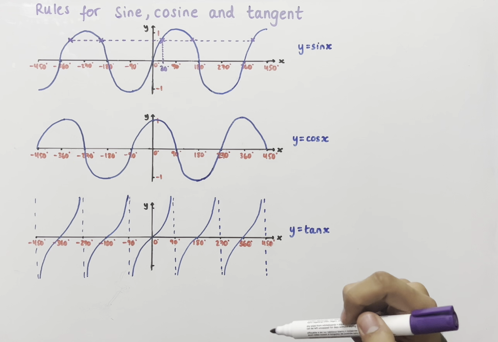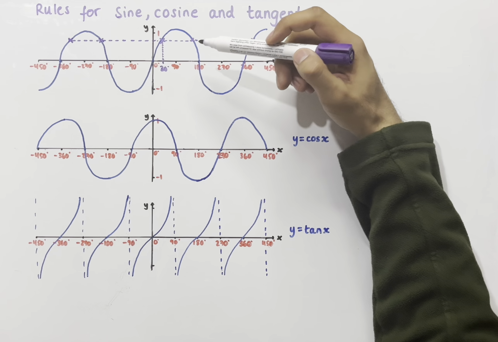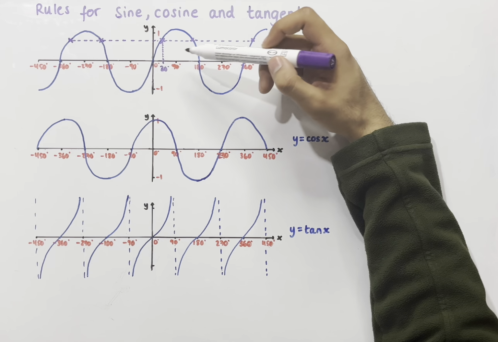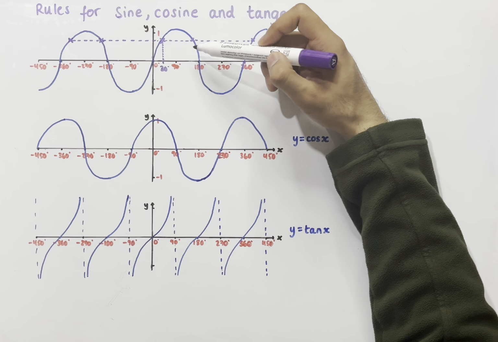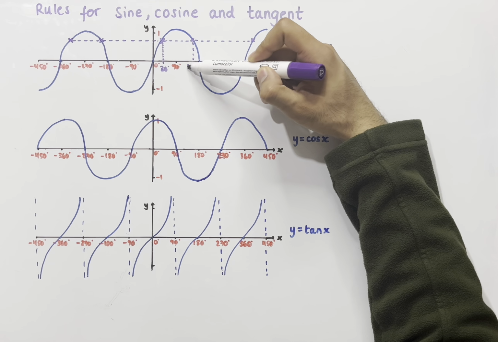So the first thing we'll look at is the solution on the right hand side of 30 degrees. Due to the symmetry of the curve between 0 and 180 degrees, this first solution to the right occurs at 150 degrees.